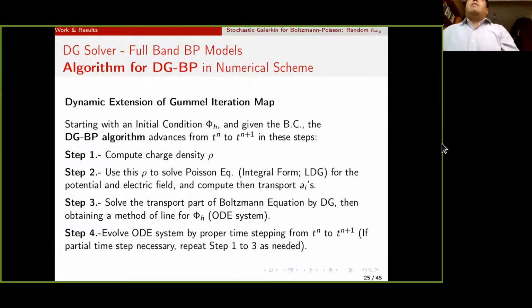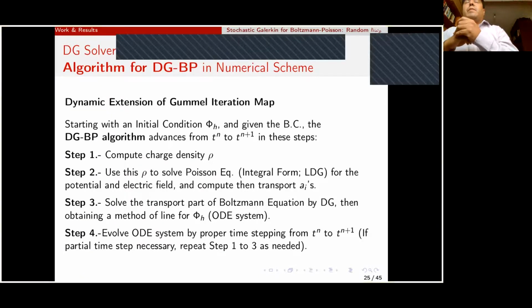And so the idea of the algorithm is that in order to advance to the next time step, you first compute the charge density. Then you use it to solve the Poisson equation because, again, you have a self-consistent problem where the electrons, when moving, essentially generate an electric field. And so you want to solve the Poisson equation to get the electric field because that's going to give you the transport part of the problem.